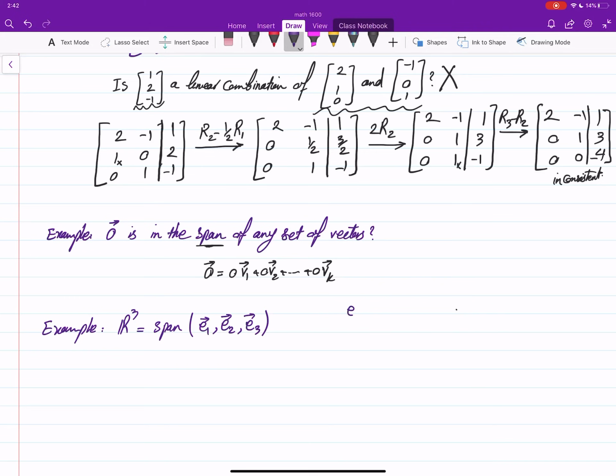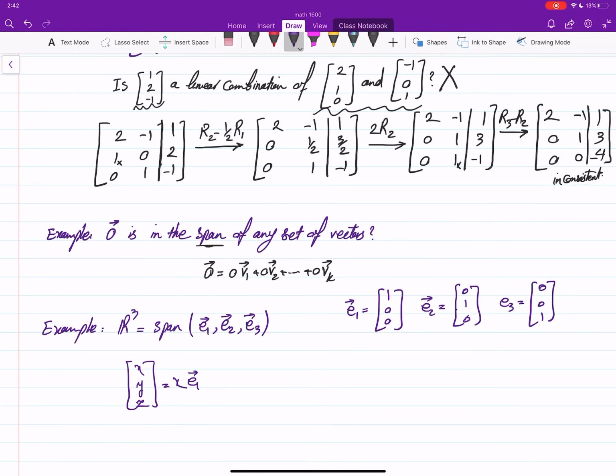Remember, E1 is (1, 0, 0), E2 is (0, 1, 0), and E3 is (0, 0, 1). Why? Because every vector here you can write as the linear combination x E1 + y E2 + z E3 of these three vectors. So every vector in R3 is in the span, and the span of a set of vectors from R3 will always generate part of R3.